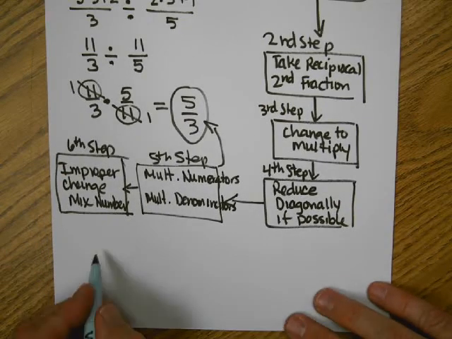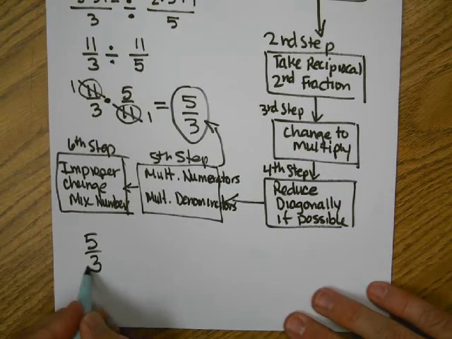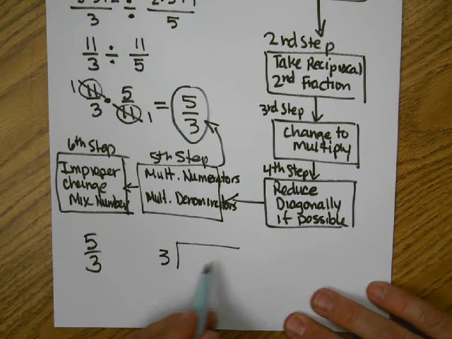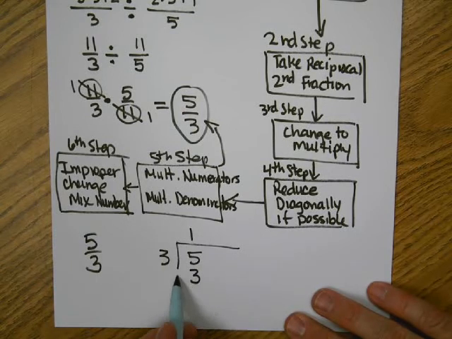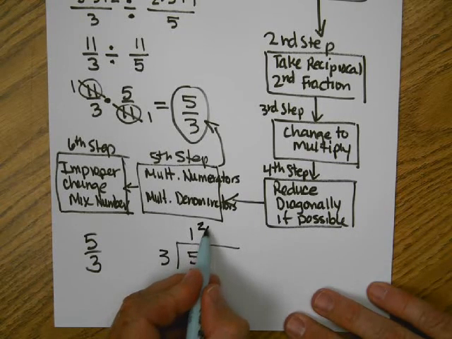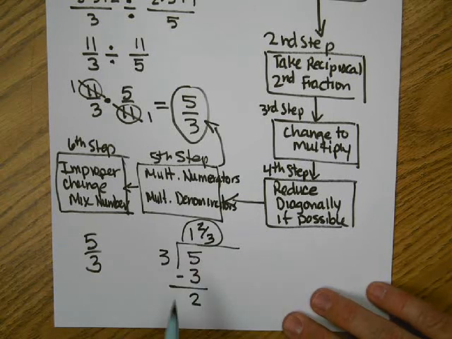Let's show that down below. 5/3. To change it, the 3 becomes the divisor, the 5 becomes the dividend. 3 goes into 5 one time, we put a 3 here. We subtract, 5 take away 3 is 2. Remainder over divisor, 1 2/3 is my final answer.